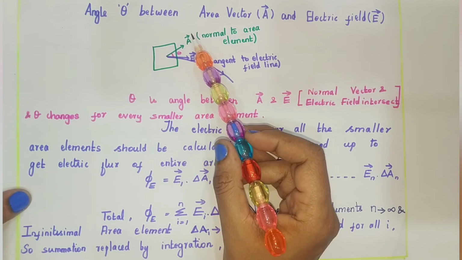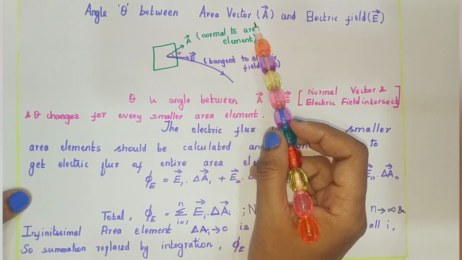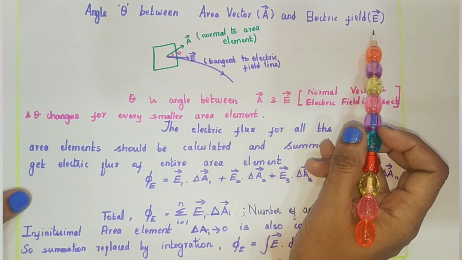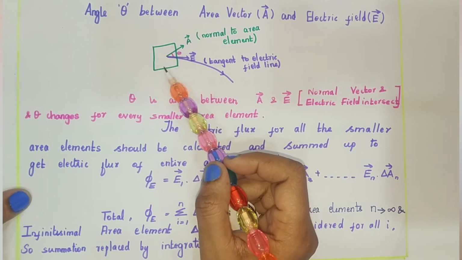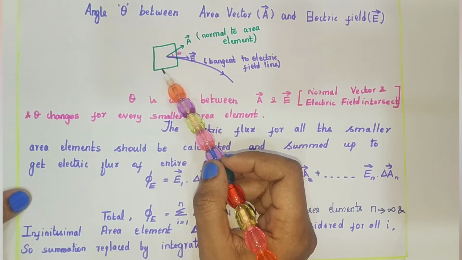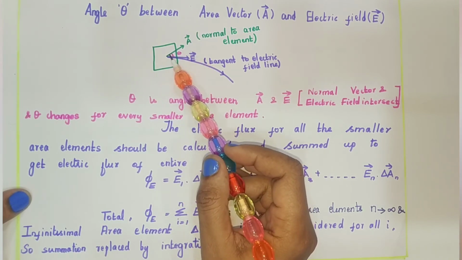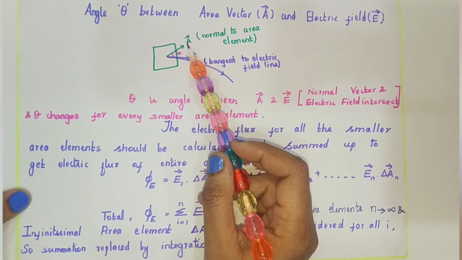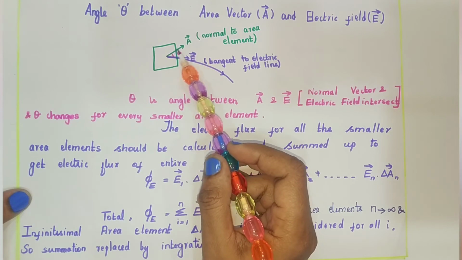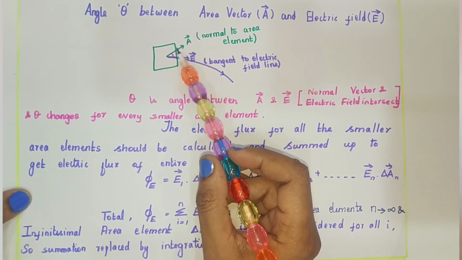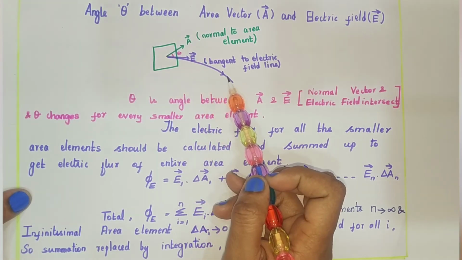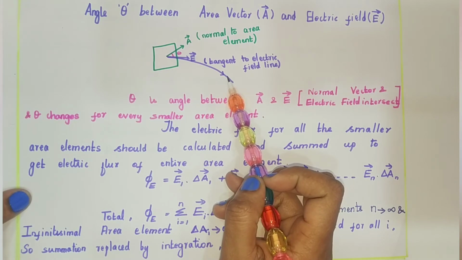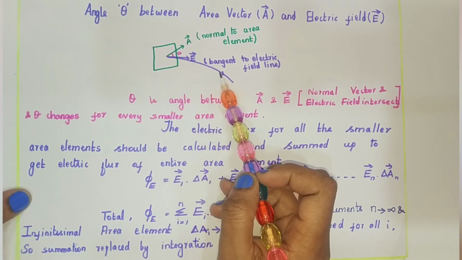Now what will be the angle between the area vector A and the electric field vector E? I have chosen one smaller area element, and this A vector indicates the normal to the area element, that is, it is at an angle of 90 degrees from the surface of the area element. Here this indicates the non-uniform electric field passing through the area element.